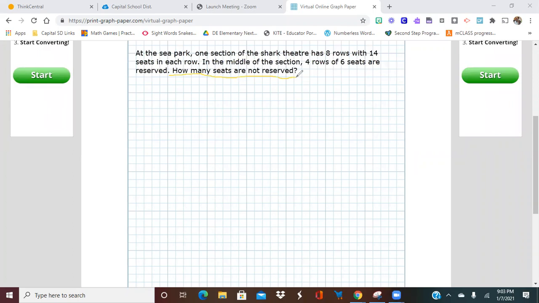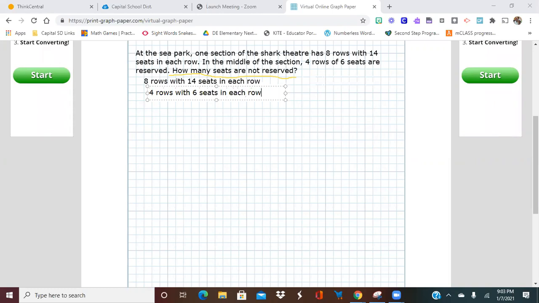To do that, I'm going to think about the information that the problem gives me. It tells me that one section of the Shark Theater has 8 rows with 14 seats in each row. Now, it also tells me that the middle section has just 4 rows with 6 seats in each row.